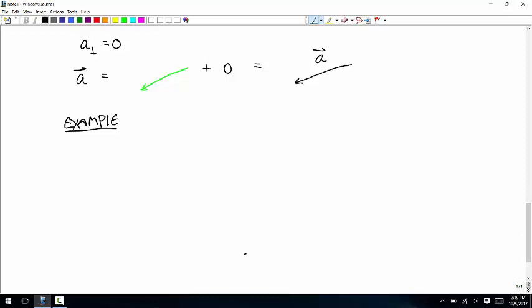So let's say now we have a ball that's rolling down a circular path. The path that this ball travels is going to look like this, right?